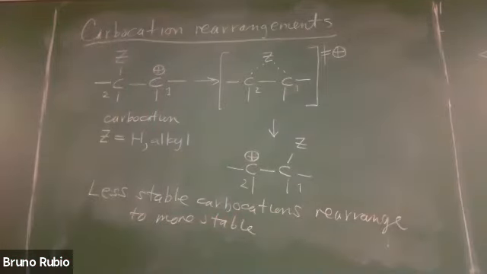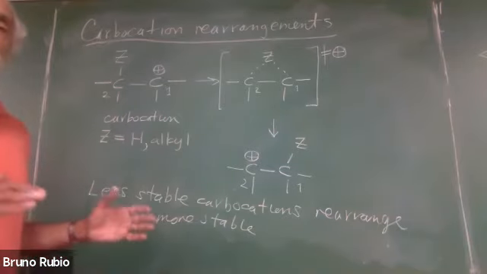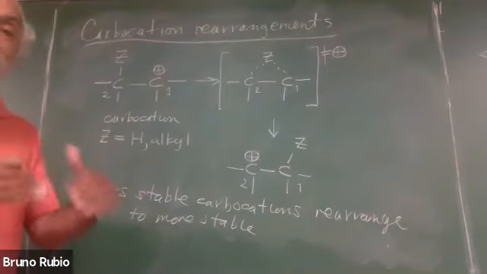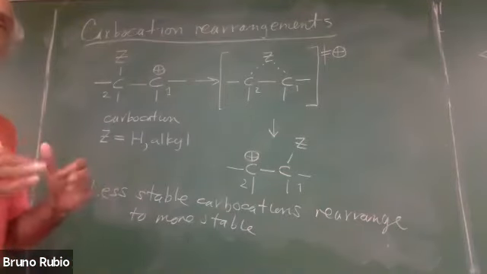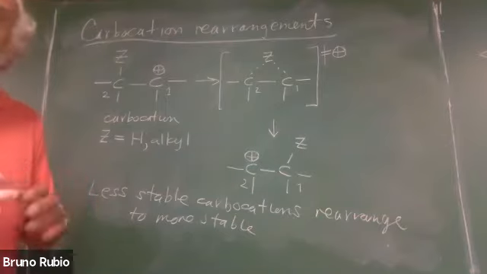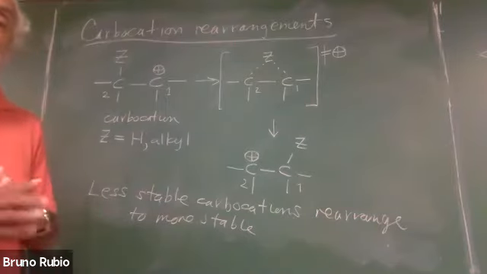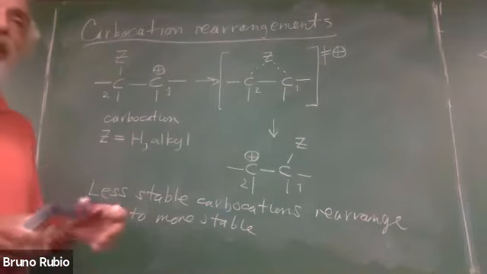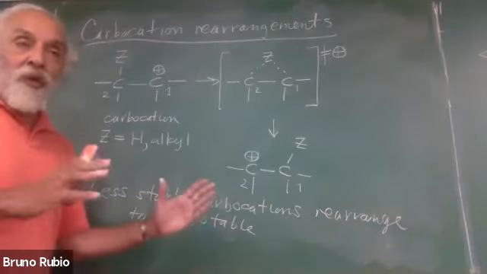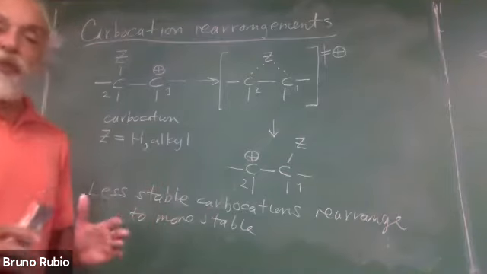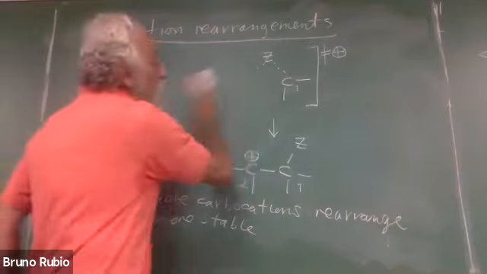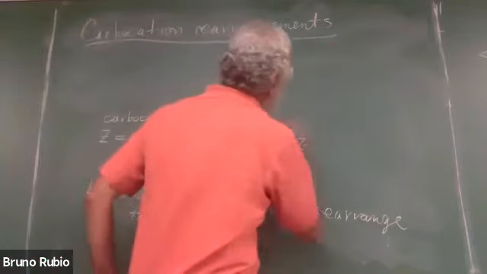That's one of the reasons why having a good handle on the order of carbocation stabilities is important, because we're better positioned to predict when a carbocation rearrangement is going to happen, and when we see a reaction in which we have rearranged products, we can understand it better if we know about the carbocation stability trends.